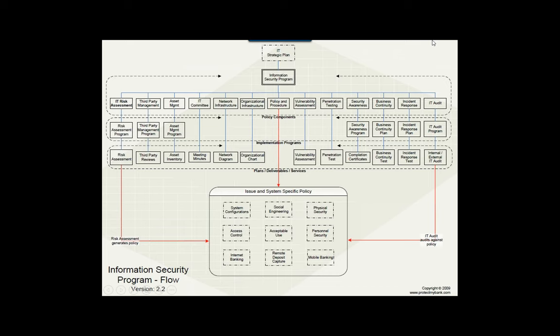You use that risk assessment to scope your penetration test over to the right and your vulnerability assessment. You use it to scope your IT audit, where you're auditing things that are the riskiest to you as identified where? In the risk assessment. You use a risk assessment to design your security awareness program.